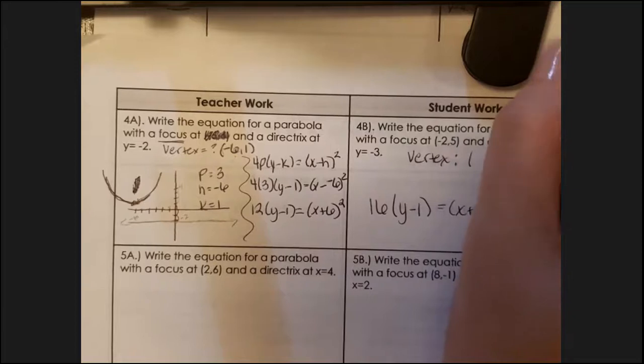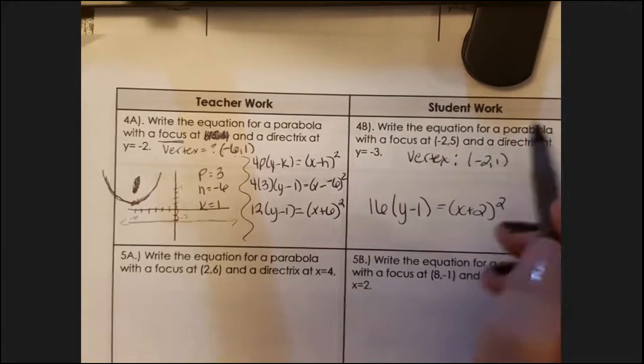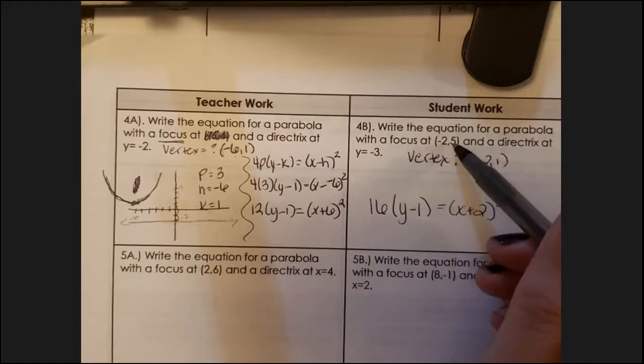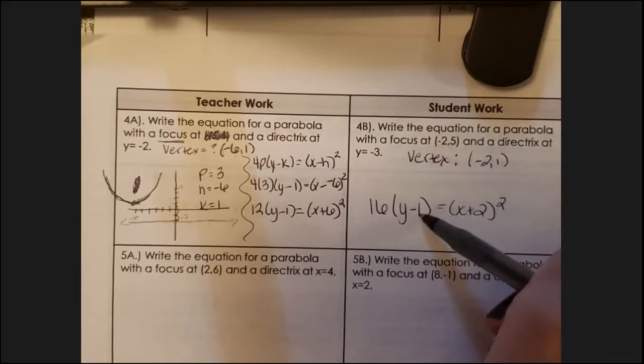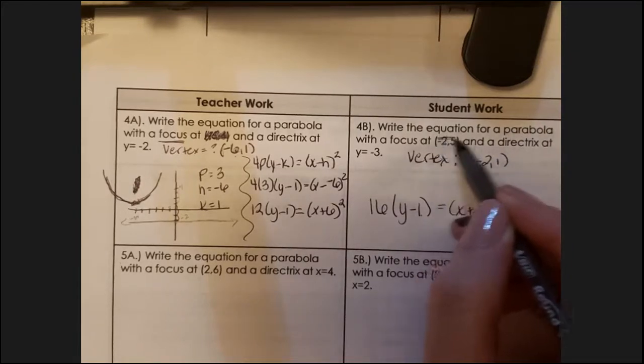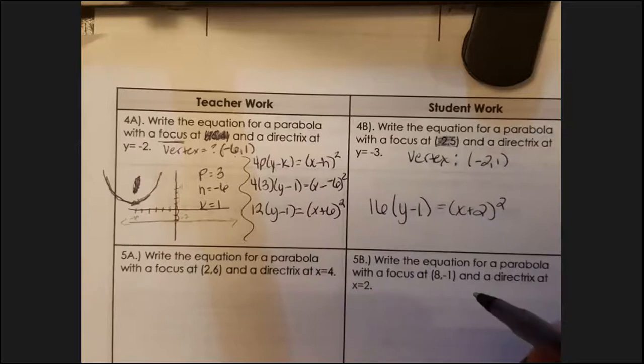We just have to figure out how to make sure that we don't keep making the same mistakes over and over again. When I had originally done this problem and sent out the answers to all the other teachers, I used the focus when I wrote my equation instead of the vertex. So just make sure that you, like I said, cross that focus out when you're done using it.